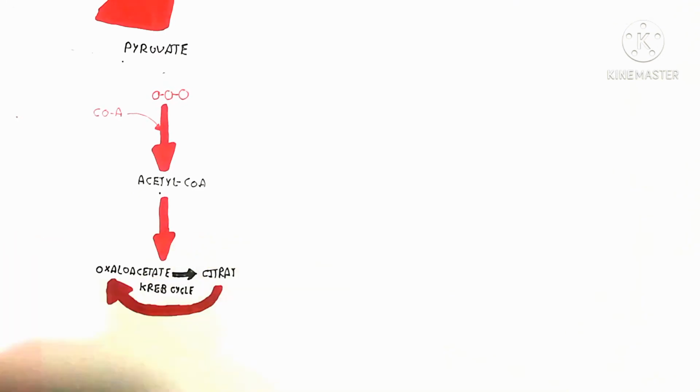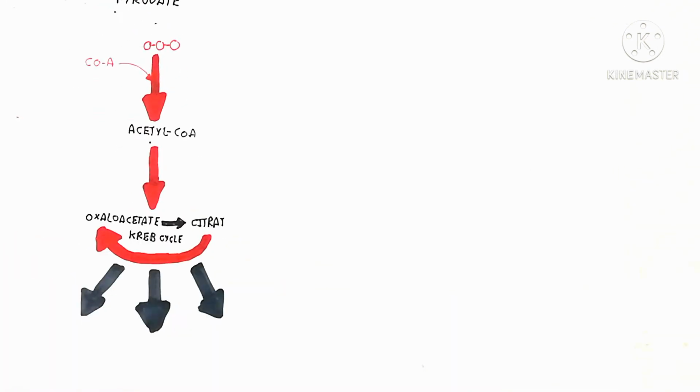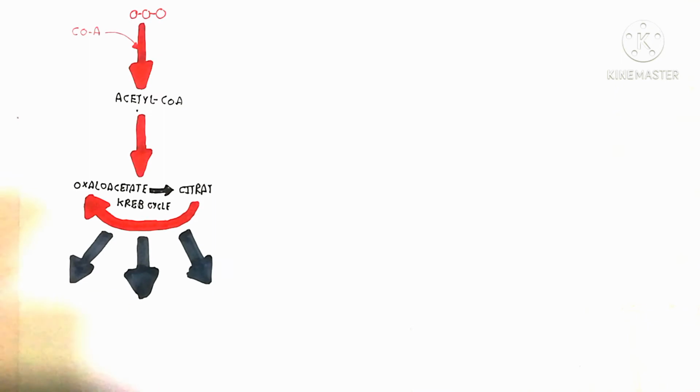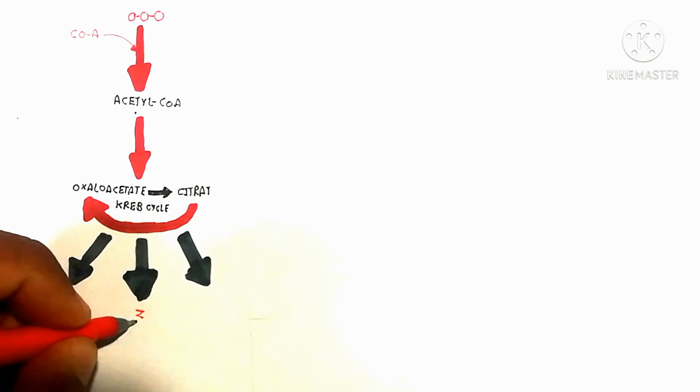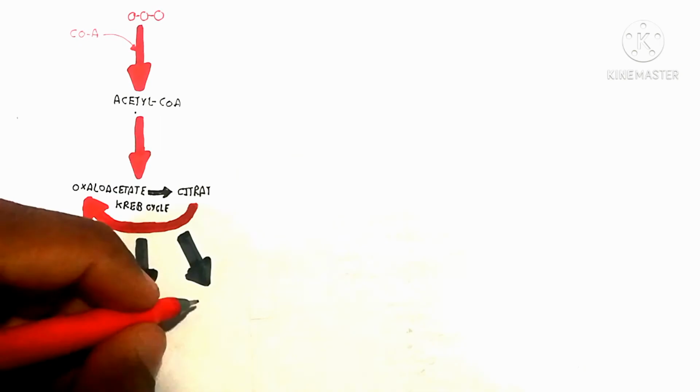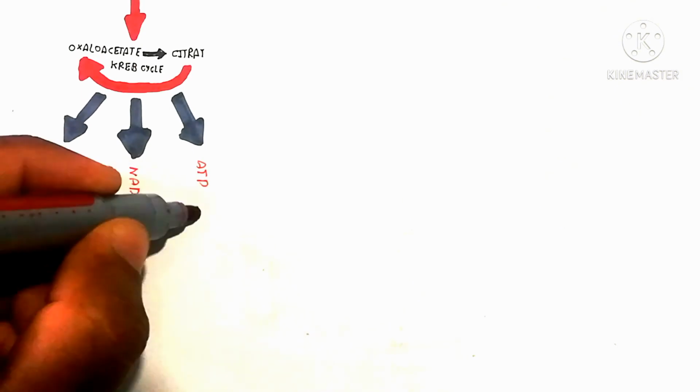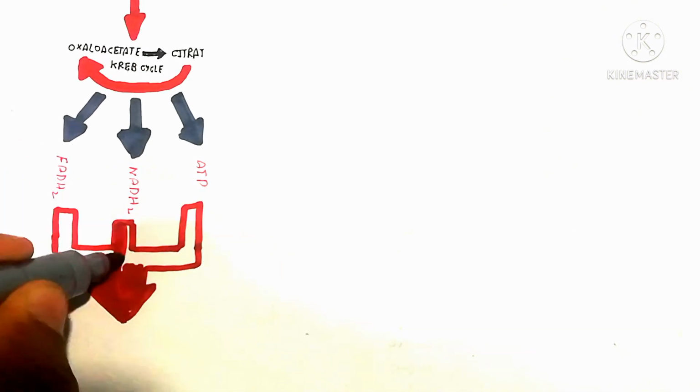So here you can say that the oxaloacetate converts into citrate by the fixation of acetyl CoA, which is 2 carbon containing, and oxaloacetate is a 4 carbon molecule, and the 2 carbon molecule will be attached.